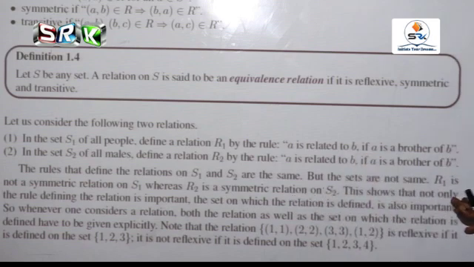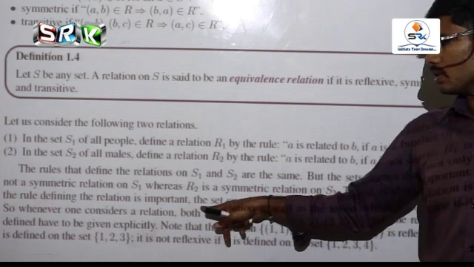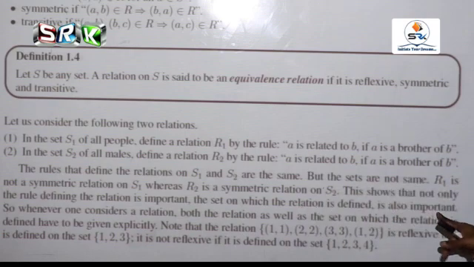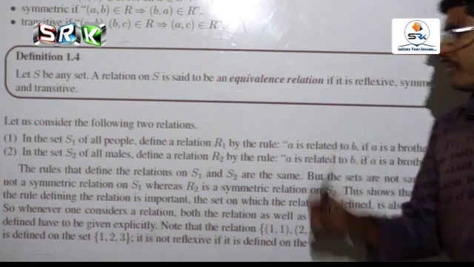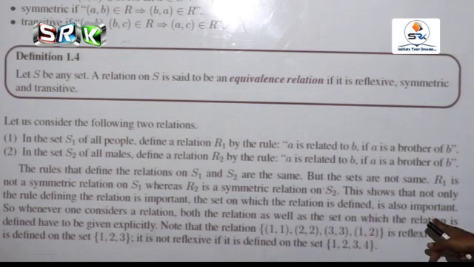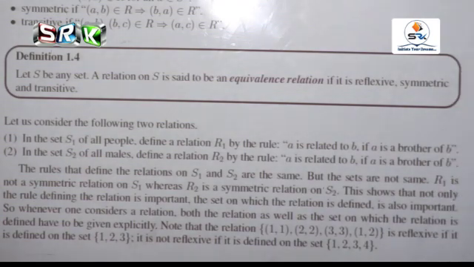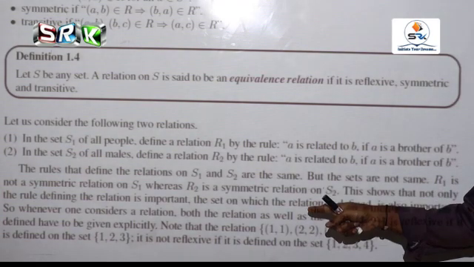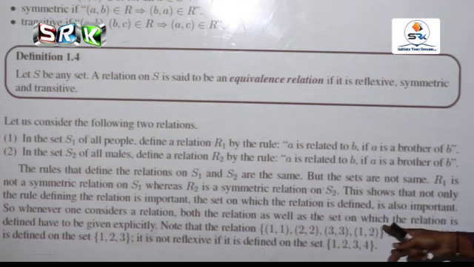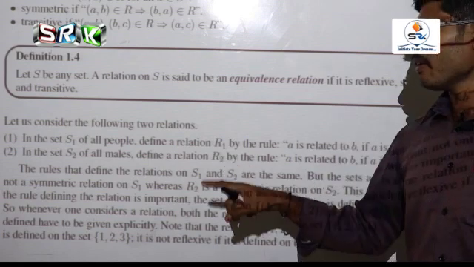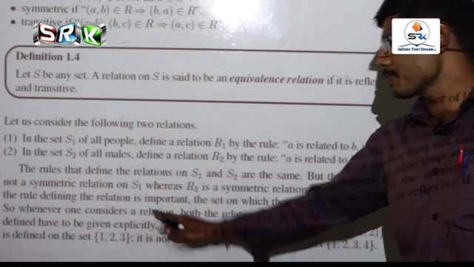This shows that not only the rule defining the relation is important, but the set on which the relation is defined is also important. So whenever one considers a relation, both the relation as well as the set on which the relation is defined have to be given explicitly.